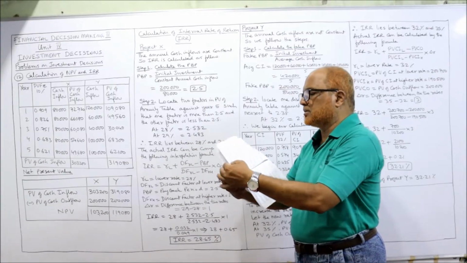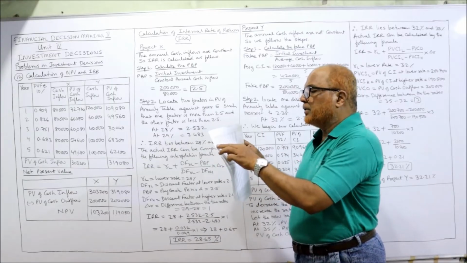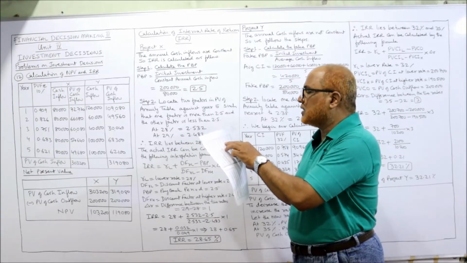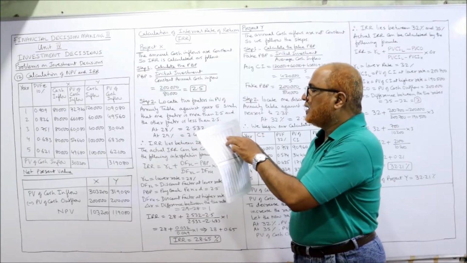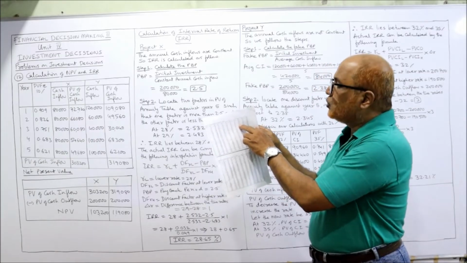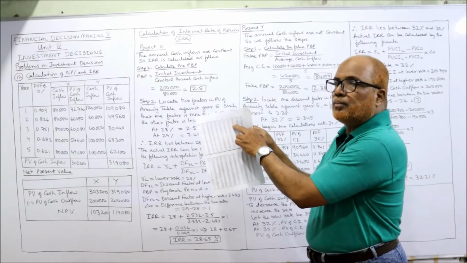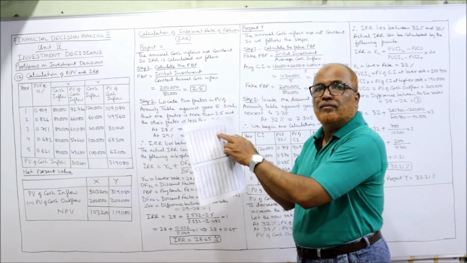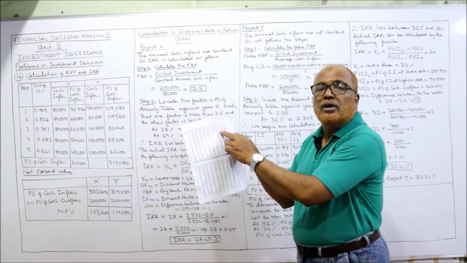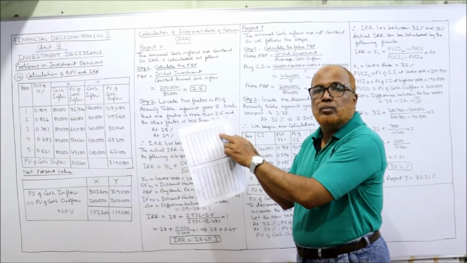Beyond 20%, at 21% it is 2.926, and you go on searching. At 28% it is 2.532, which is more than 2.5. The next value is 2.483, which is less than 2.5.